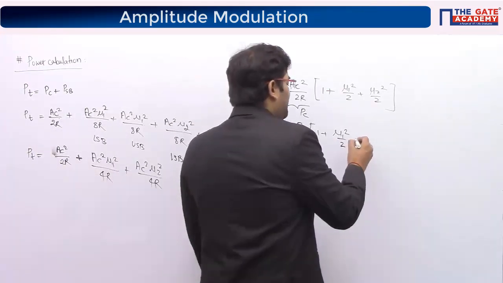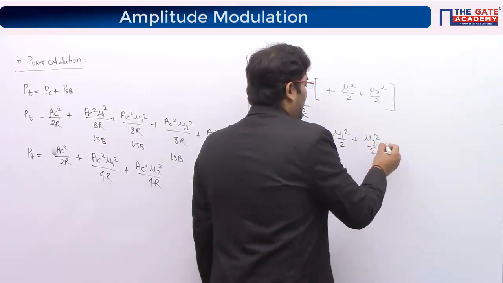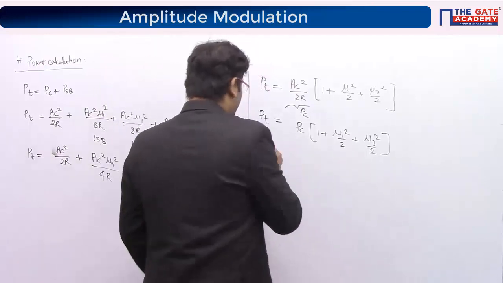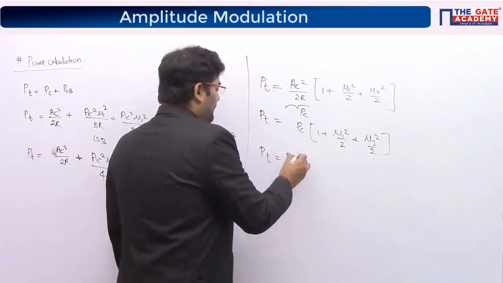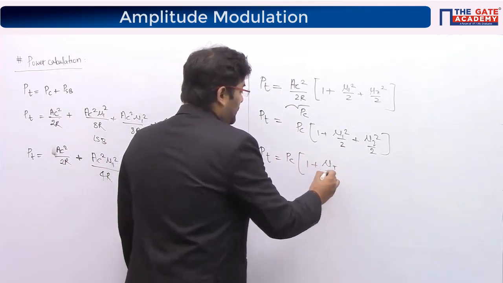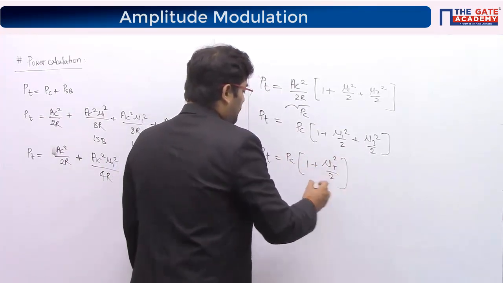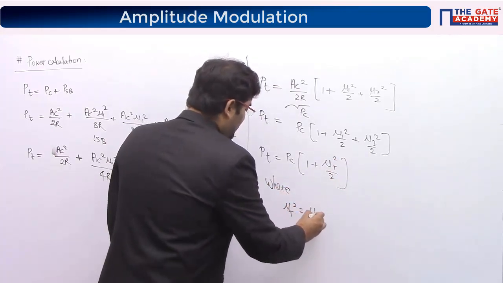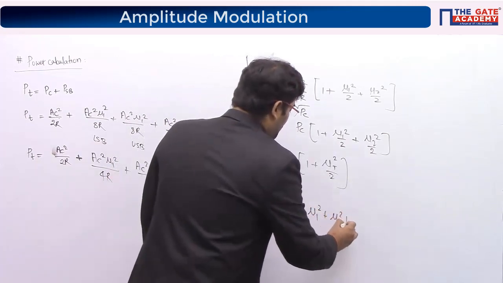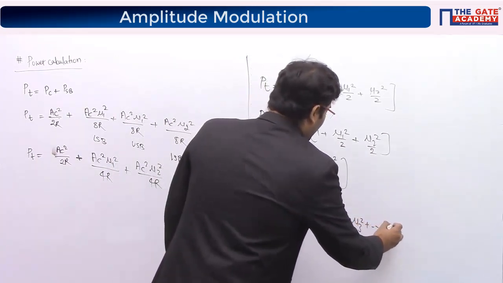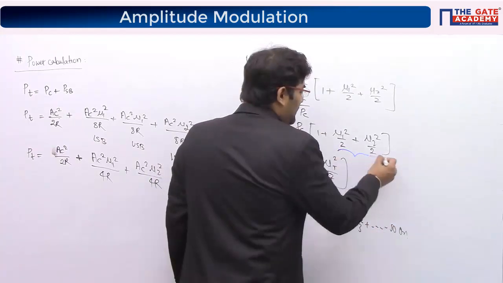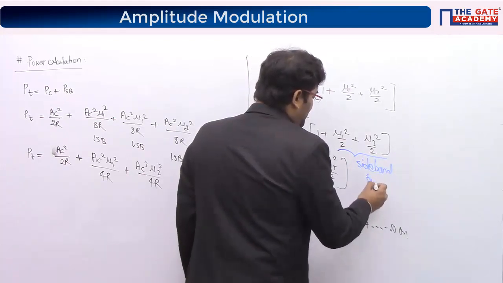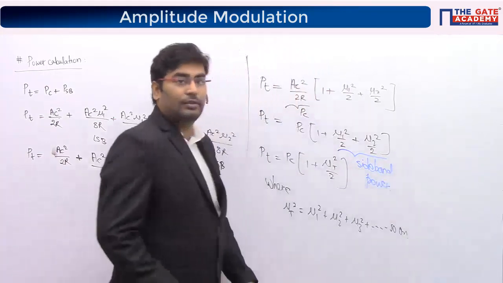For multi-tone, you have to do nothing, just increase the term by another mu2 square. So, in generic form, you can also write PT equal to Pc times 1 plus mu t square by 2, where mu t square is equal to mu1 square plus mu2 square plus mu3 square, and so on. This is your sideband power. So you can still use the same funda and get the answer. Okay, clear?